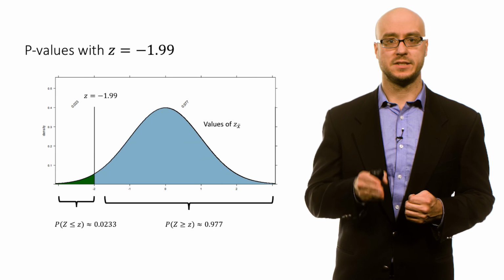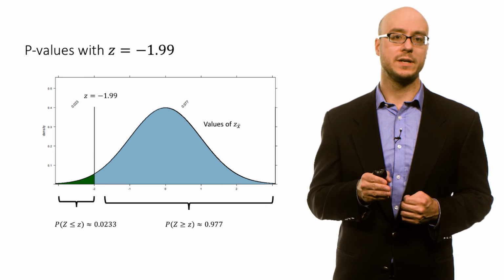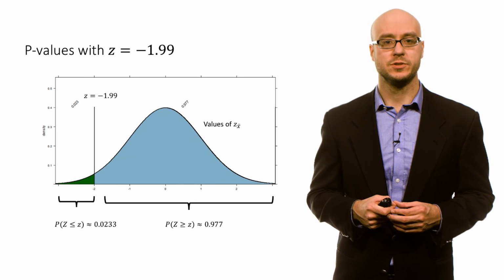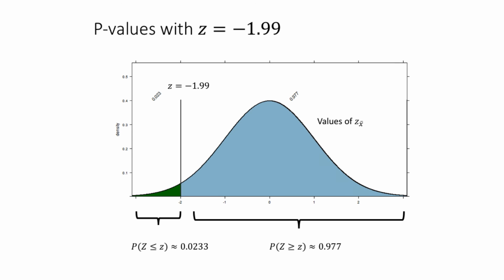Our z-test statistic of negative 1.99 lies on the left-hand side of the standard normal distribution, and you can see that we can chunk this distribution into two regions, two sets of probabilities. The probability of obtaining a z-test statistic less than or equal to negative 1.99 is pretty small. It's 0.02. Only 2% of the time would we expect to have a z-test statistic more negative than negative 1.99 given this particular null hypothesis.